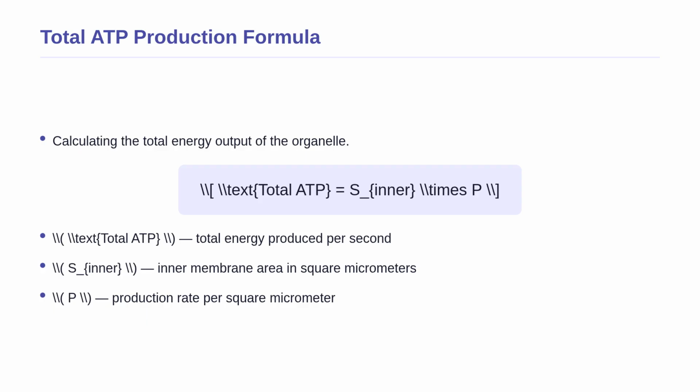S inner is the inner membrane surface area we discussed earlier, measured in square micrometers. The variable P represents the specific production rate, which is the number of ATP units produced per second on a single square micrometer. If the inner area increases, the total energy output increases proportionally.